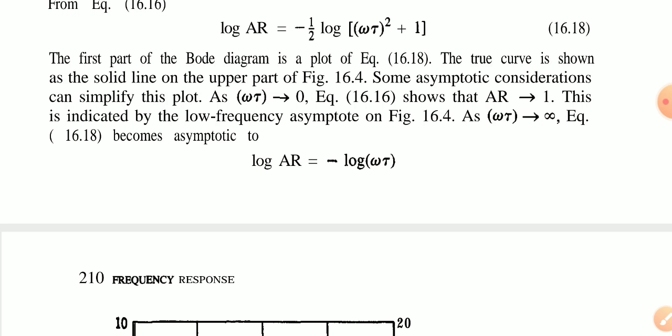Can we simplify these equations? As omega tau tends to 0, equation 16.16 shows that the amplitude ratio tends to 1. This is indicated as the low frequency asymptote in figure 16.4. For omega tau tends to infinity, we will see these equations give log AR equal to minus log omega tau.